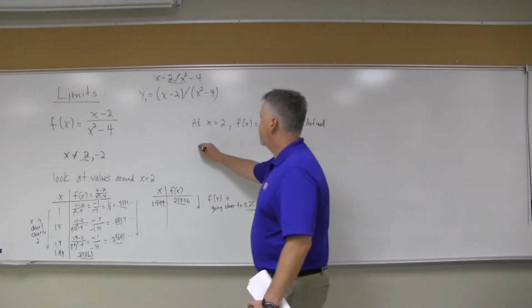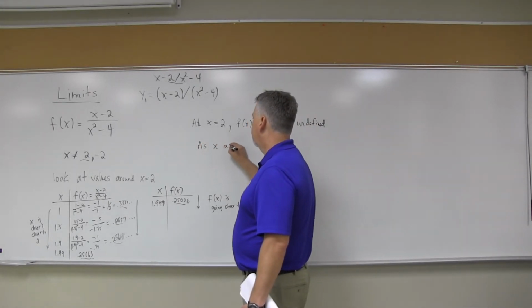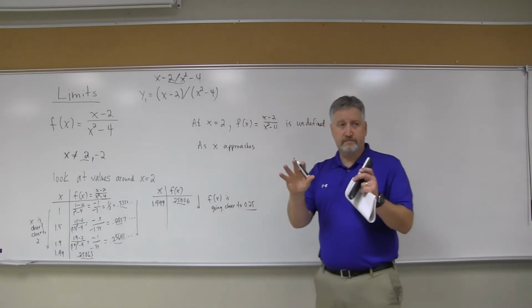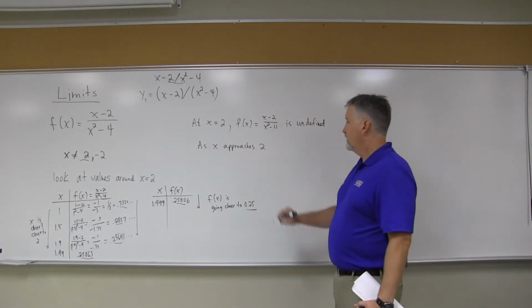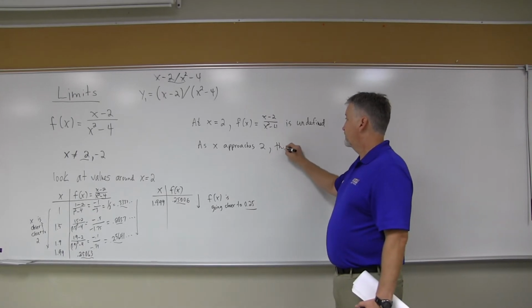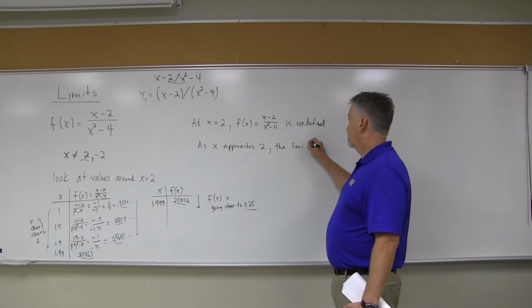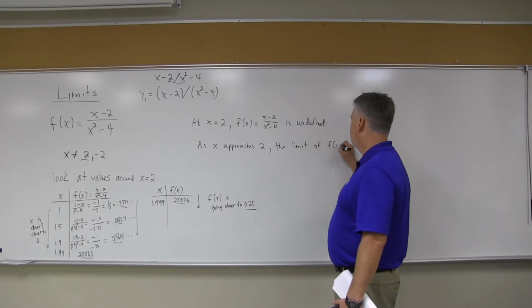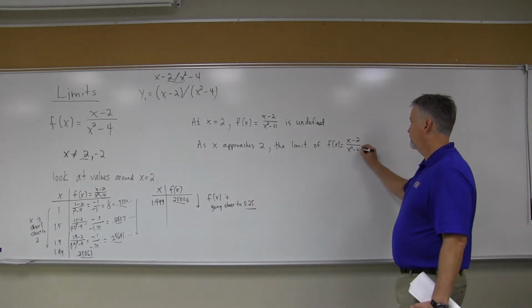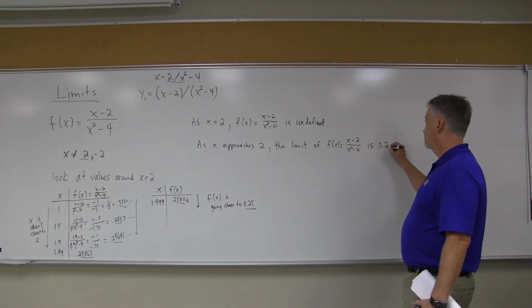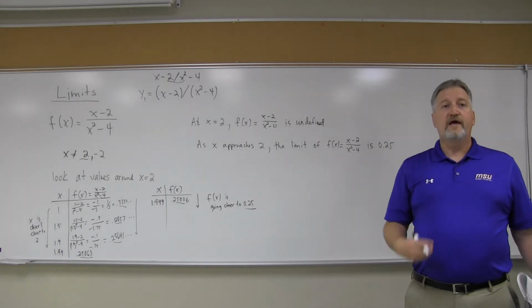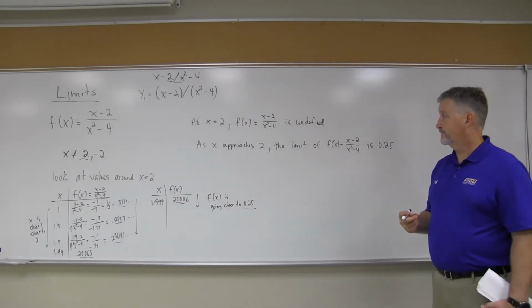However, as x approaches 2, and there's a little more to it, but I'm just giving you a preview, it turns out the limit of f of x is 0.25. So even though it doesn't have a value at 2, it has a limit as x approaches 2.